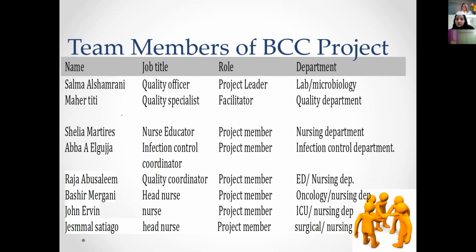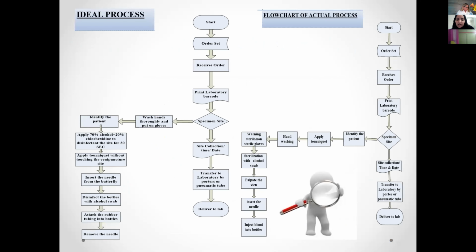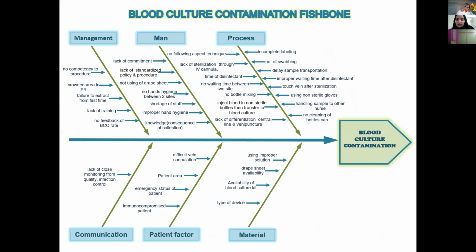First, we started by forming our team. I had the honor to be the project leader, working with the other team members. We formed a multidisciplinary team from every department, and we made a flow chart to assess the differences between the current process and the ideal process, and we found that there is a missing step compared to the ideal process.